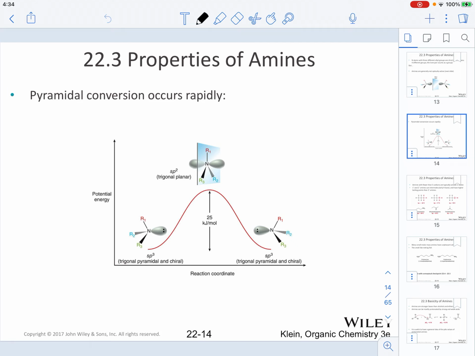As we have the reaction coordinate, what we can see is that there is an intermediate that is formed that is actually trigonal planar. Understand that this is higher in energy than both of the different enantiomers that we can have for an amine, and since it's higher in energy, it rapidly converts to the other conformation of the amine.